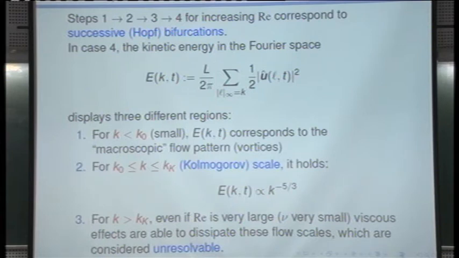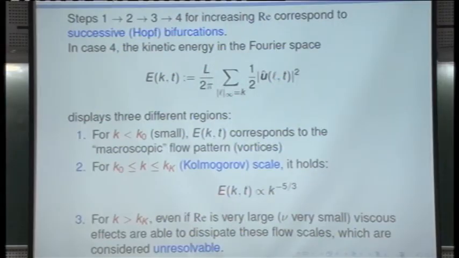So there is a region, and the important thing is that there is a region in between the large scales and the very small scales. There is a region in which, only by dimensional arguments, one can show that the energy has to behave as proportional to the wave number to the power of minus 5/3. This is extremely important in fluid mechanics.